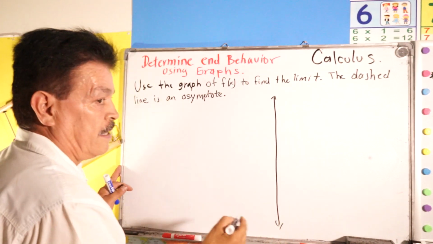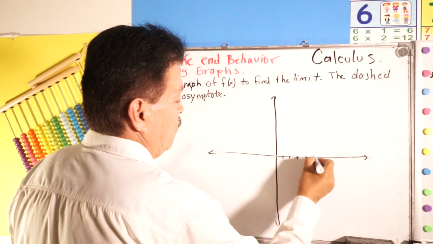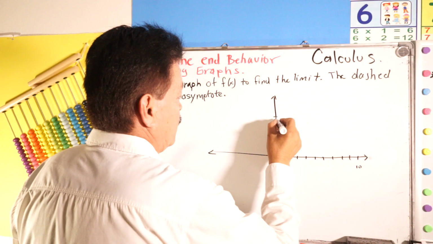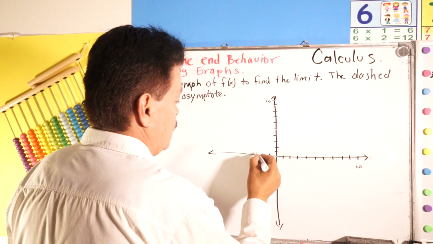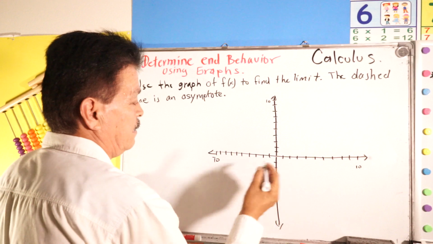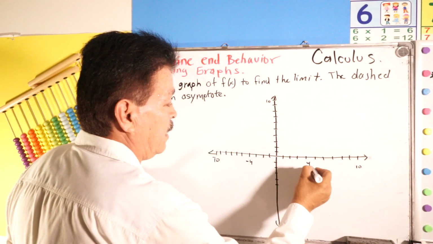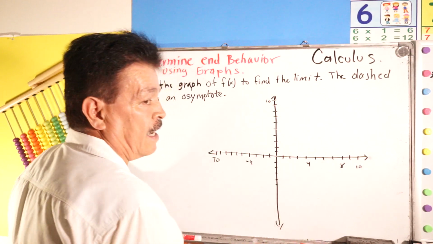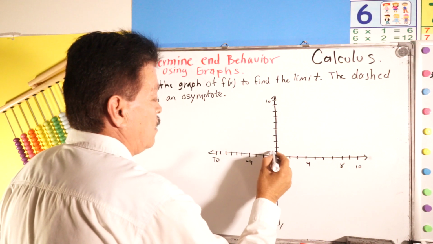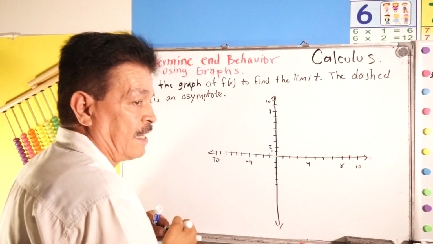Let me mark some points, 1, 2, 3, 4 right here, and then 4, 5, 6, 7, 8, and 1, 2, 3, 4, 5, 6, 7, 8, 9, 10. Something like that.